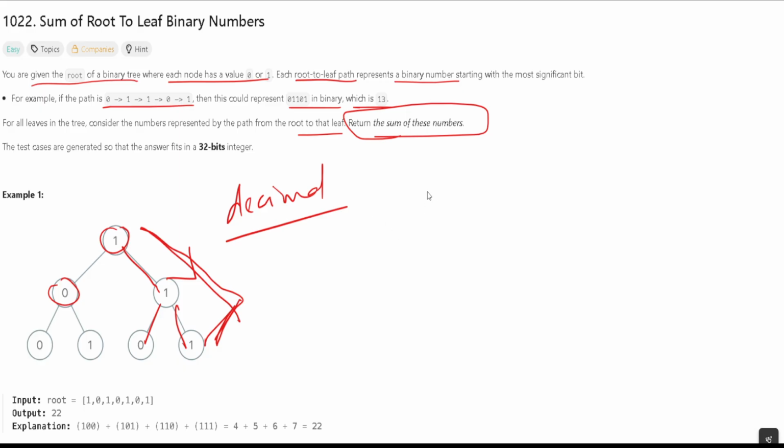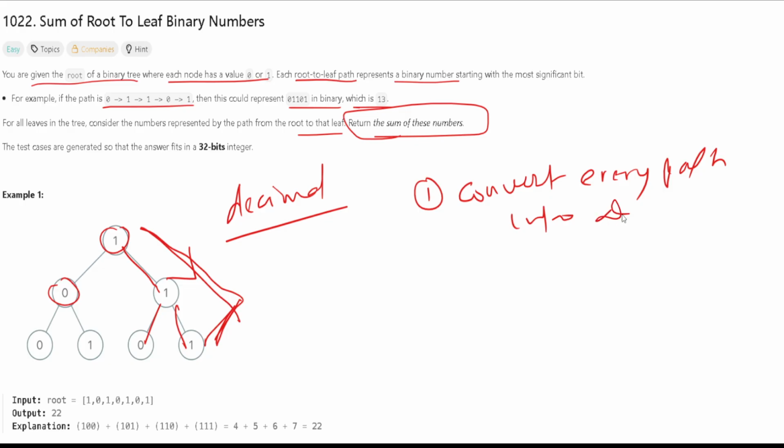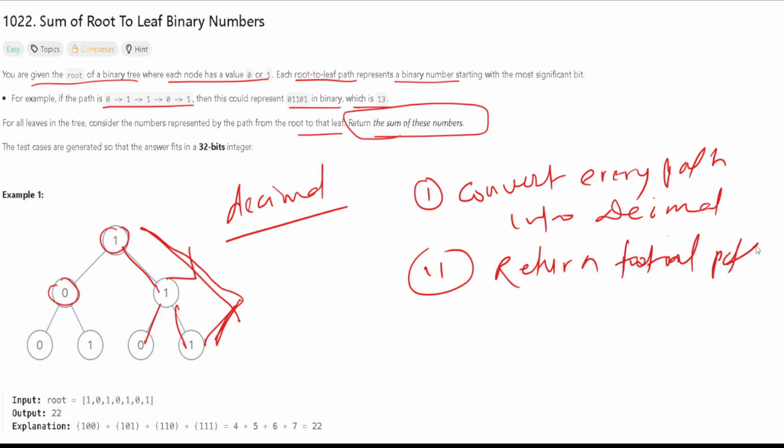It means we must convert every path into decimal. That is the first thing. The second thing is that we have to return the total sum of the paths.